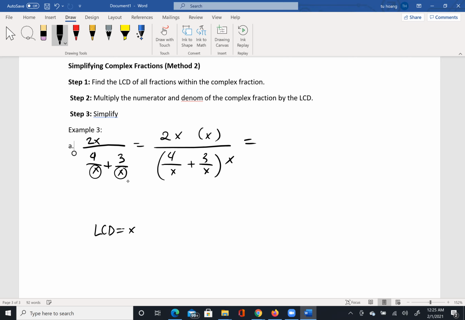On top I have 2x squared, and the bottom would be what? You do the distribution, right? So you have 4 plus 3, because when you multiply x inside, this cancels the x. And then we have 2x squared divided by 7. This method is kind of a little bit cool, huh? Okay.